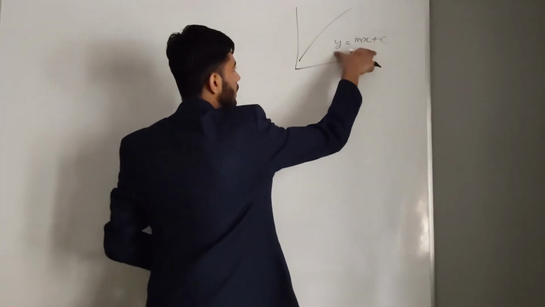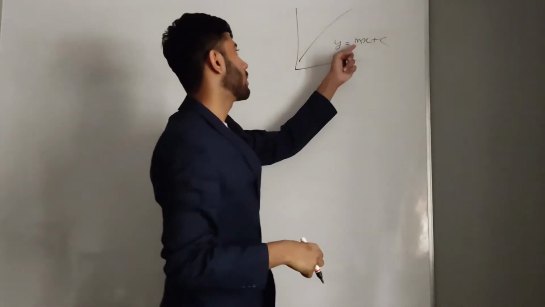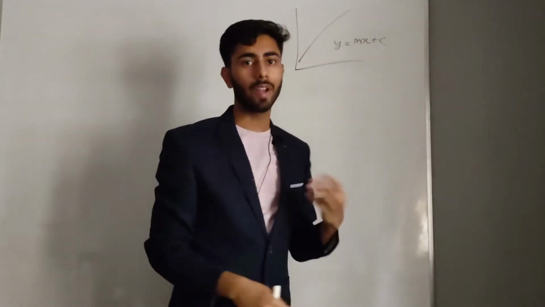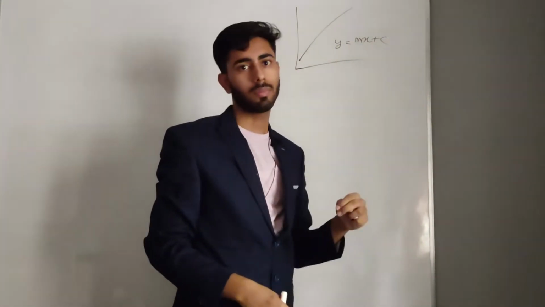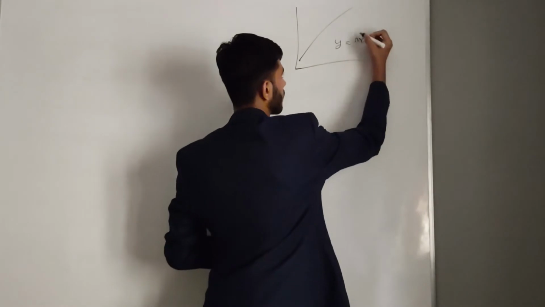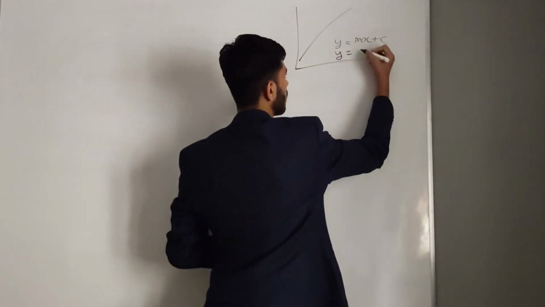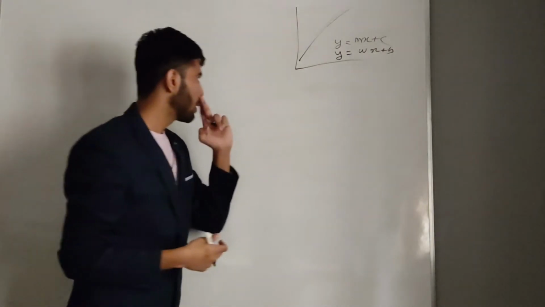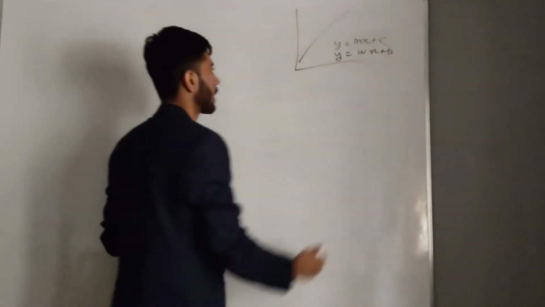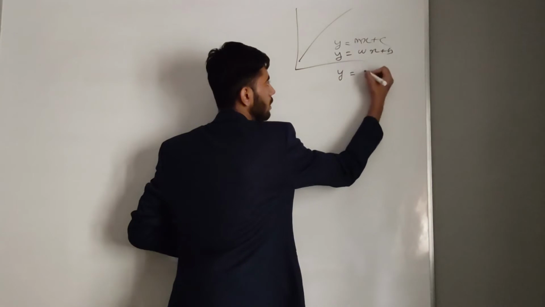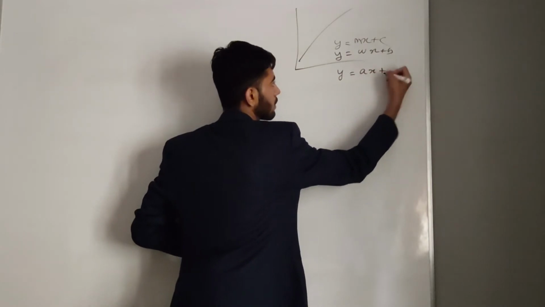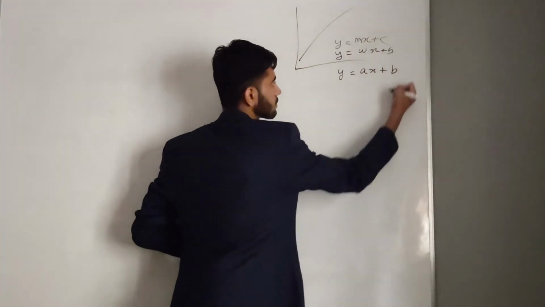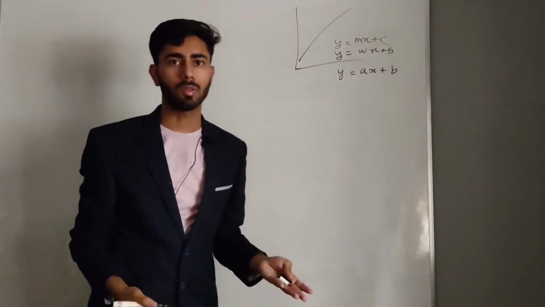But in case of machine learning, we refer to m as the weight term and c as the bias term. In many books you will see it written as y is equal to wx plus b and so on. But for our calculation, I'm going to write y is equal to ax plus b for simplicity of calculation.